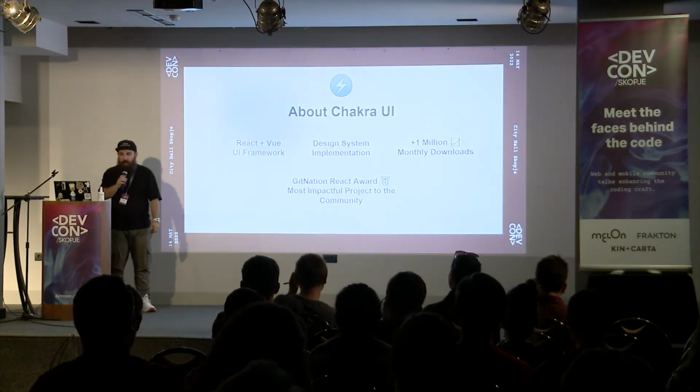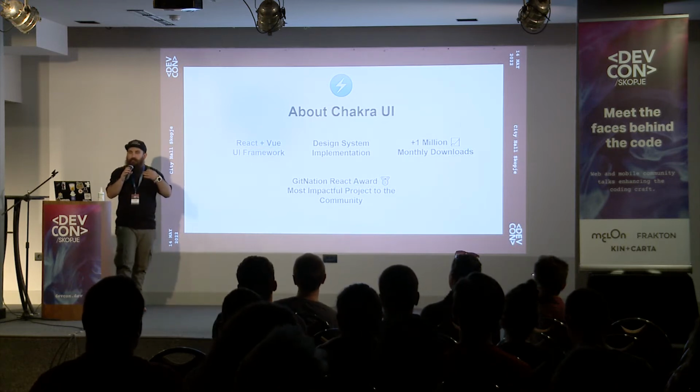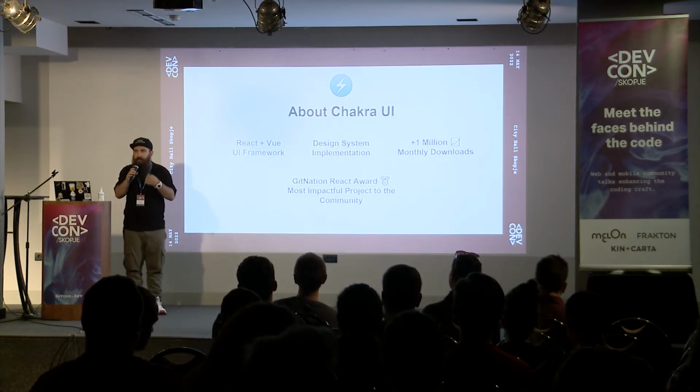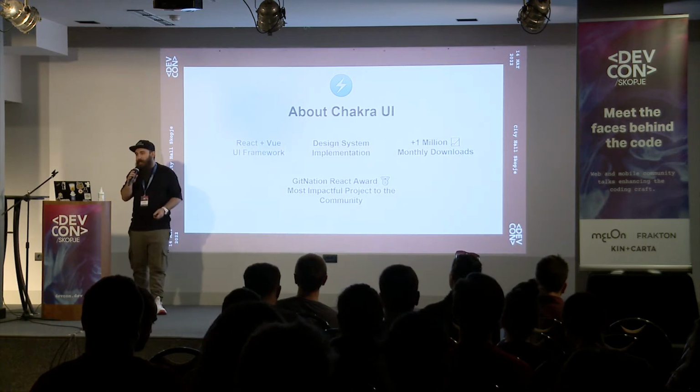Okay, so for those of you who don't know what Chakra UI is, it's a component library that gives you the building blocks to build your website or web app, etc. But it's actually a design system implementation. So if we, for example, want to compare Chakra UI with Material UI, I would say Material UI has more components, so you can build straight with it in production.